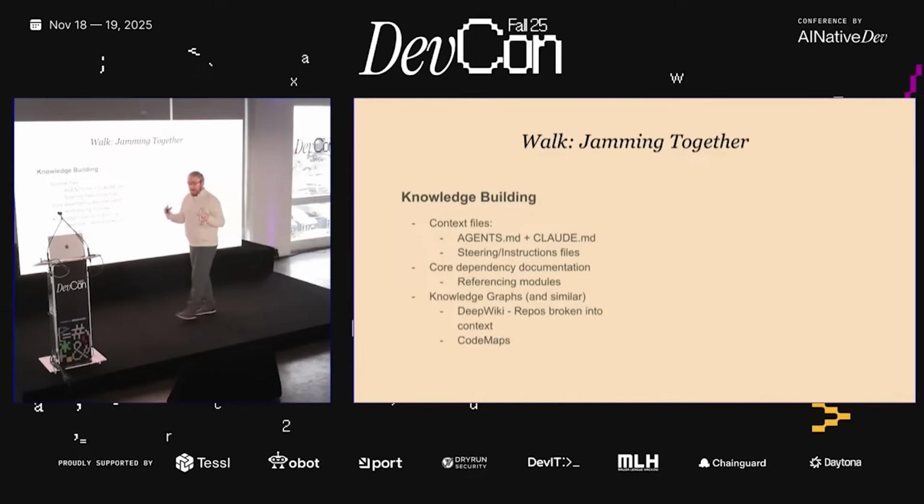And especially for very large code bases, there's the concept of knowledge graphs, with many different implementations. Cognition released DeepWiki and code maps recently. The reality is if you have a really large code base and you're asking it to do things, every time it's got to figure it out on its own.